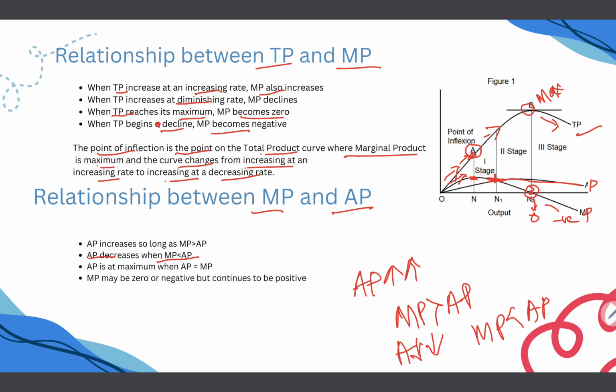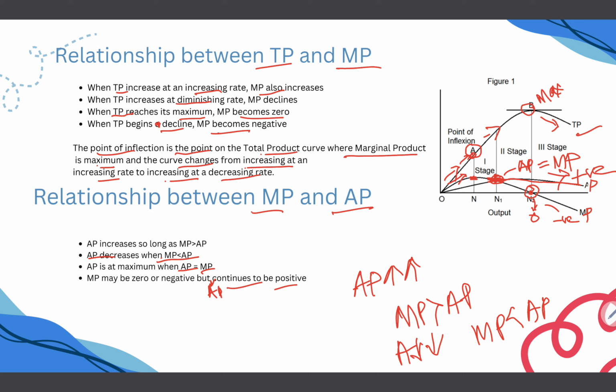After this point, the MP curve is lower than the AP curve, and MP is less than AP. And AP is maximum where AP is equal to MP. Here they cut, and at this point AP is equal to MP. They both are the same. And MP may be 0 or negative, but AP continues to be positive. MP is here like 0 and after this point is negative, but AP is still positive here.